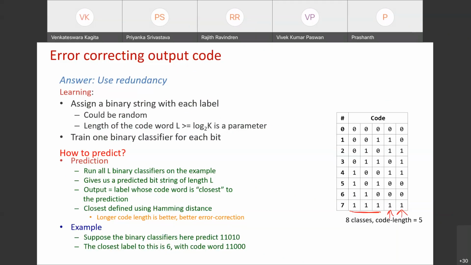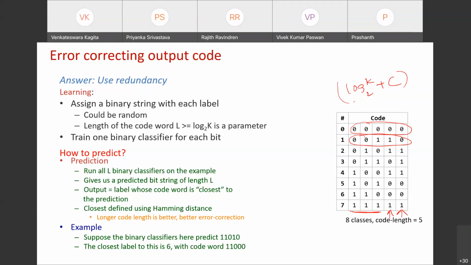We assume that this is the encoding for class 0, this is the encoding for class 1, and so on. And we learn the classifiers for all these log k base 2 plus some constant number of columns. So these many classifiers we will learn.